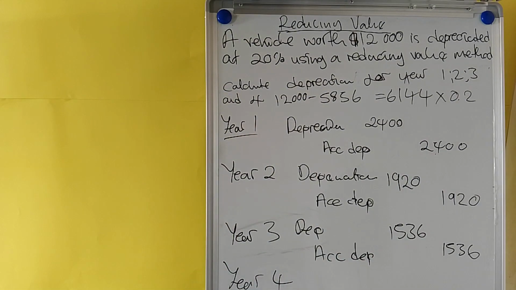Depreciation is 20% of 6,144, which is 1,228.